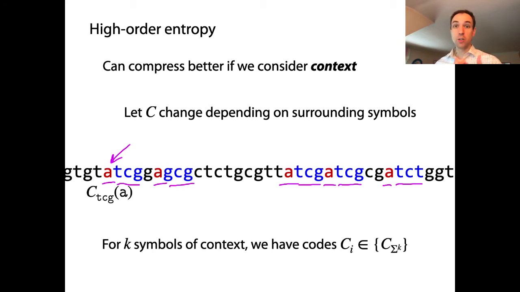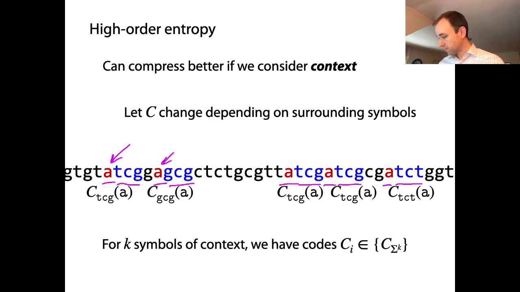Now the code depends on the context. So that context I'm putting here in the subscript of the code. Likewise, for the second A, we would use the GCG code. And so on. Actually, in this particular example, there are 3 places where we would reuse that same TCG codebook because A had the same right context in those 3 cases.